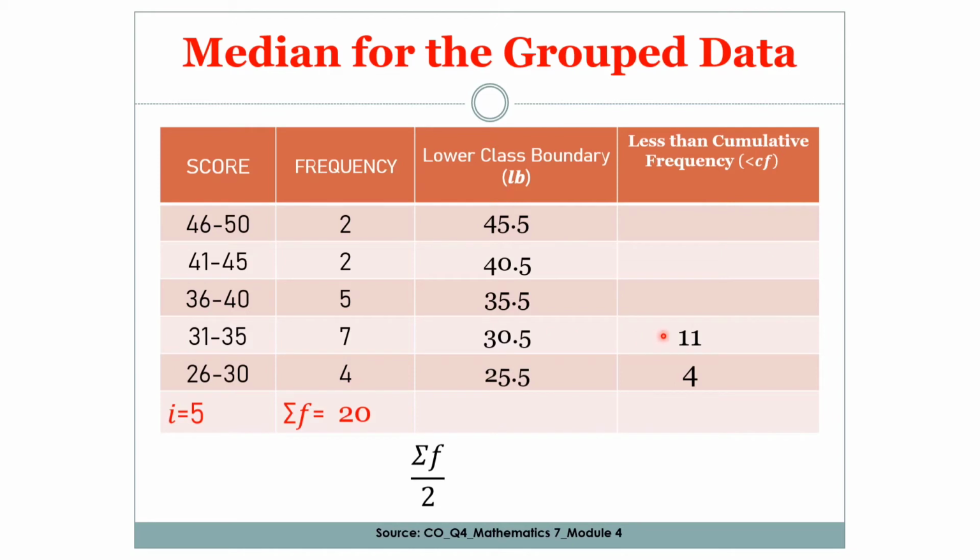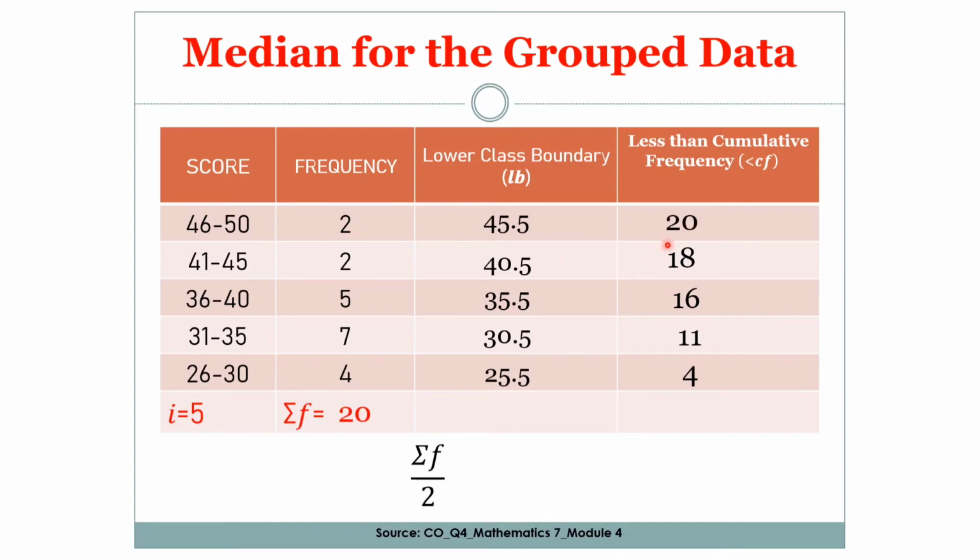Now it's your turn. What do you think is the less than cumulative frequency of the class 36 to 40? Yes, awesome. It's 16. How about 41 to 45? Yes, awesome. It's 18. And lastly is 46 to 50.